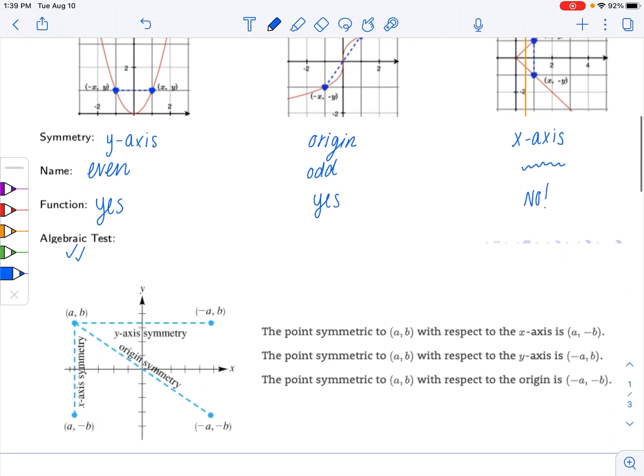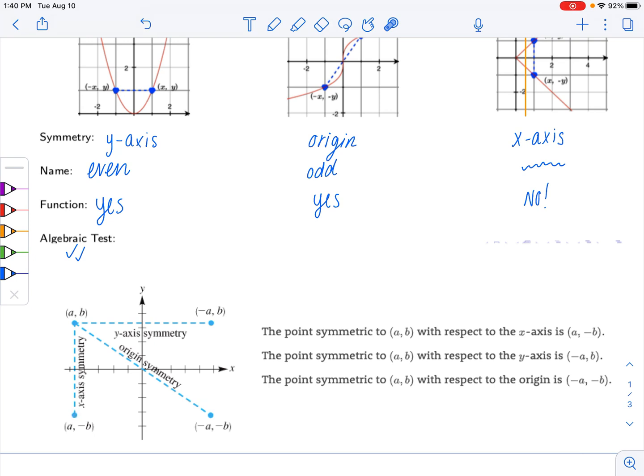A really good picture to look at is right here. This is our starting point, A, B. If I reflect it with the y-axis, notice the x value just changes. It just shifts horizontally. If I do x-axis symmetry, notice it shifts down here and changes your y value.